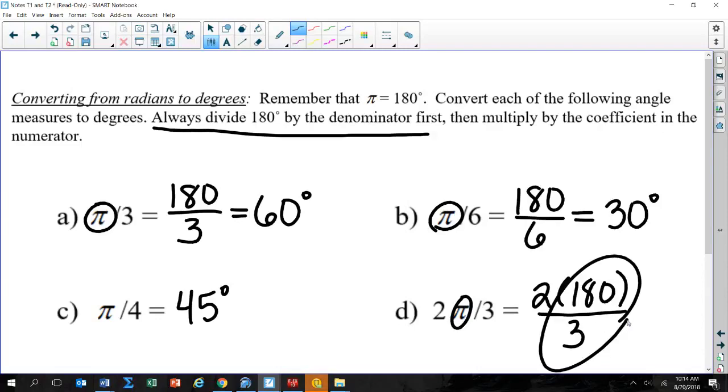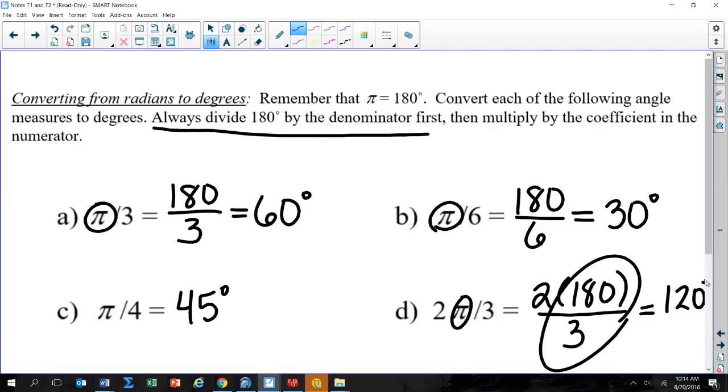By doing that first, it's nice because then I know what the reference angle is right off the bat. I know I'm going to be dealing with a 60 degree reference angle. But if I want to know the original angle, then I just have to multiply by that leading coefficient of 2 to get 120 degrees. So it's 120 degrees with a 60 degree reference angle. Any questions about that?